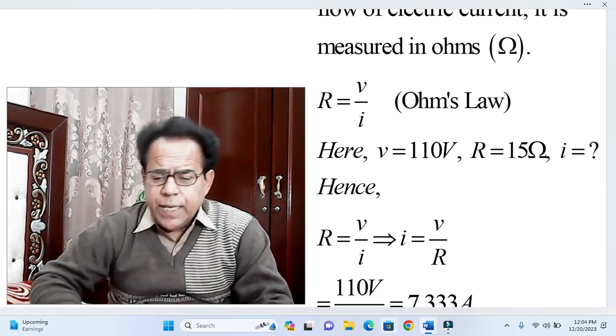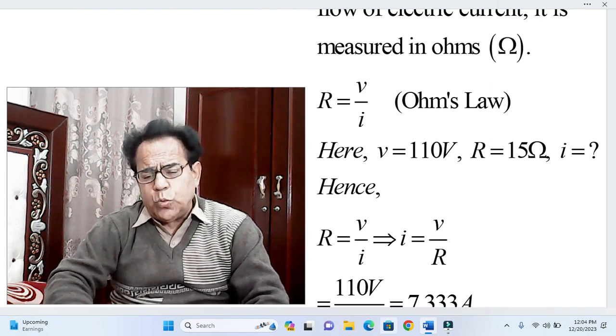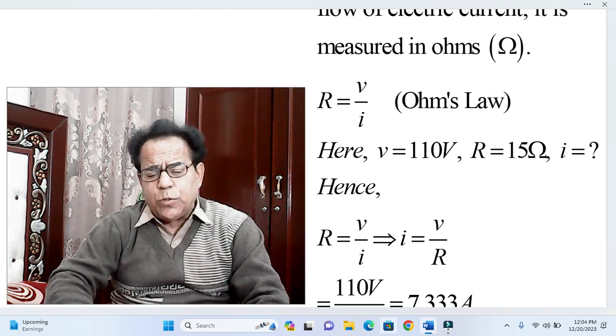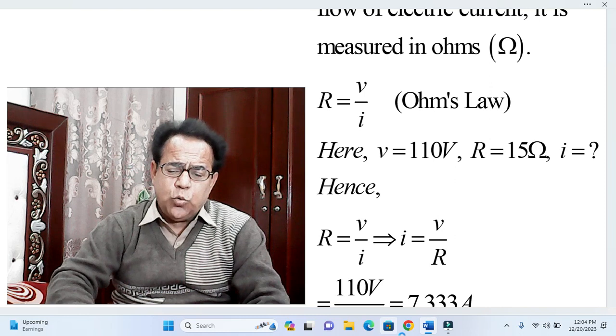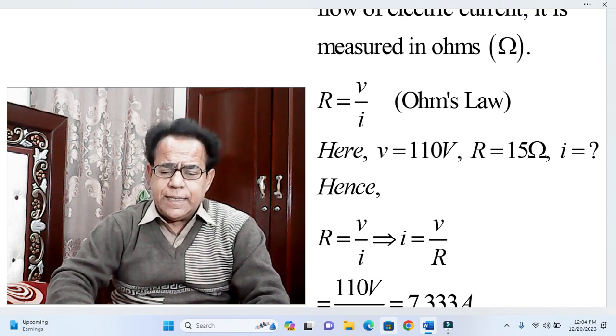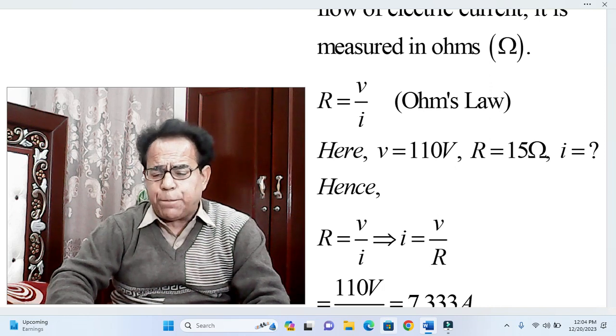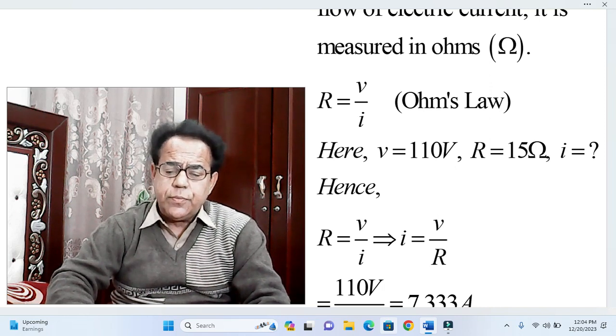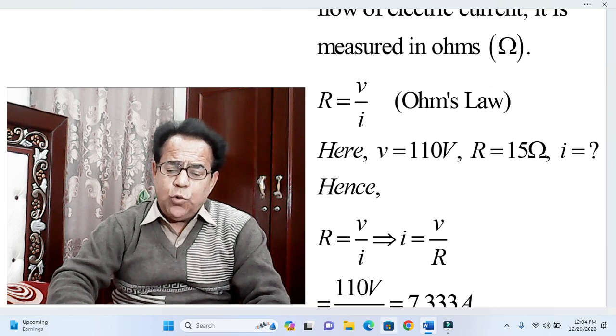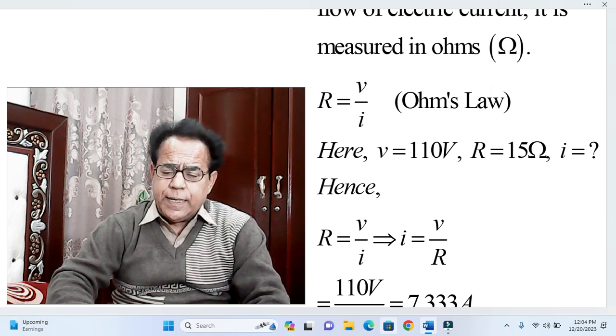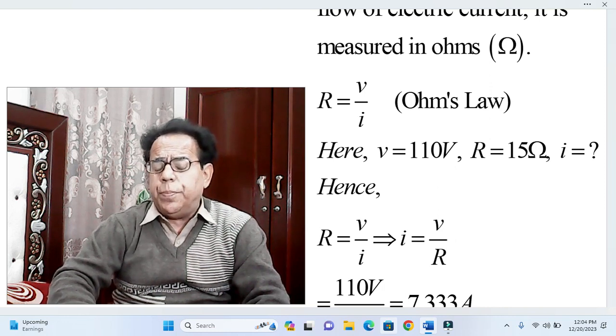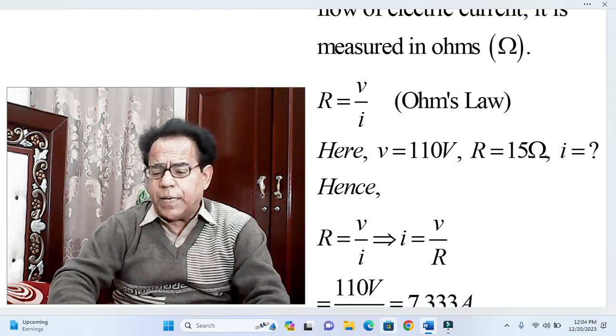Okay. Here we are again going to express Ohm's law. Ohm's law says that resistance R is equal to voltage V over current I. Here voltage V is equal to 110 volts while resistance R is equal to 15 ohm, symbol omega.